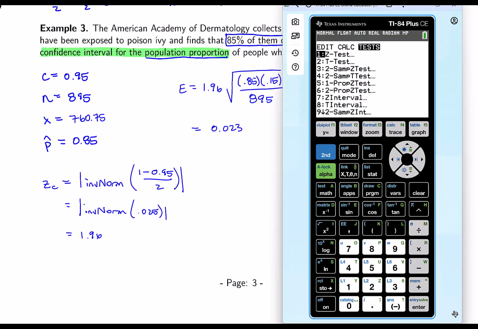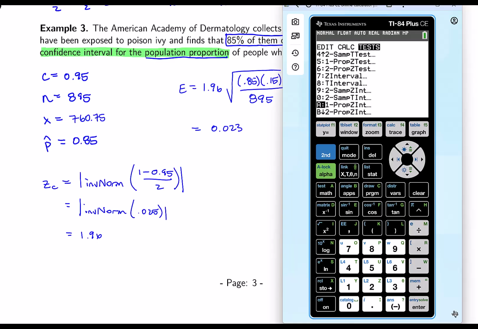And you have to be careful, because there's a function that says 1 prop z test, which looks like it's dealing with proportions, and it is. And you might jump into that function thinking that's what you need, but it's not. Because there's another function down here called 1 prop z int, and that's the one that you need here.